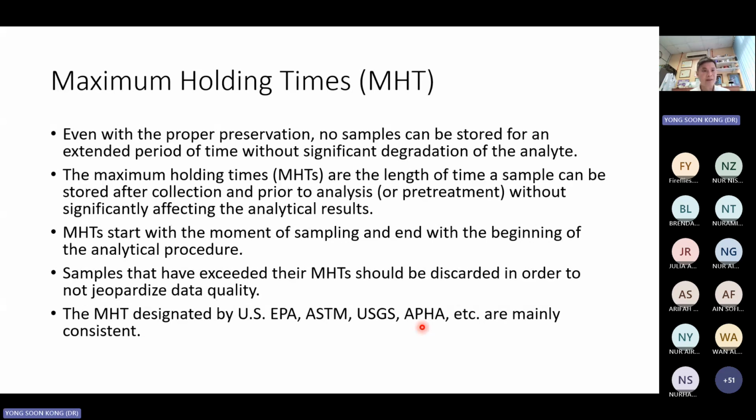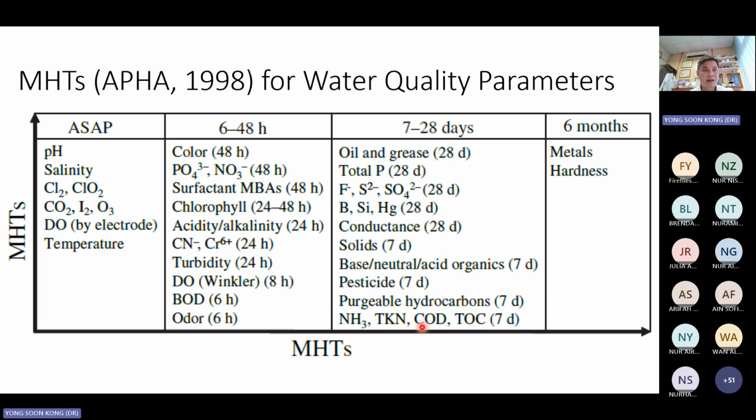Okay, so these are the tables that you have to get familiar with. According to APHA, the maximum holding time for water quality monitoring, these are the parameters. There are so many parameters, but the good news is for your field trip, you just need to focus on six, the six that you can use to calculate the water quality index.